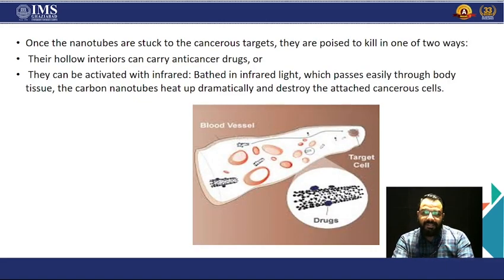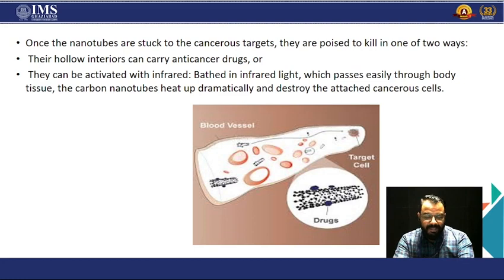So when the nanotubes are targeted, they are stuck to the cancer cell because, as previously I said, they have the specific receptors. So these nanotubes bind to the targeted cell, and when they reach, they have two types of pathways where the nanoparticles can be used. Either they carry anti-cancer drugs or they can be activated with infrared.